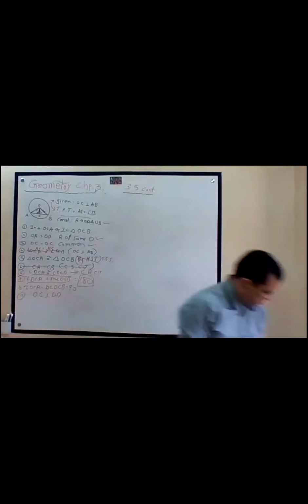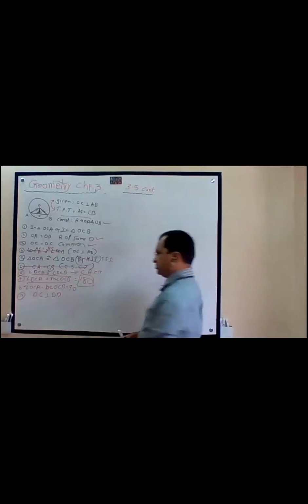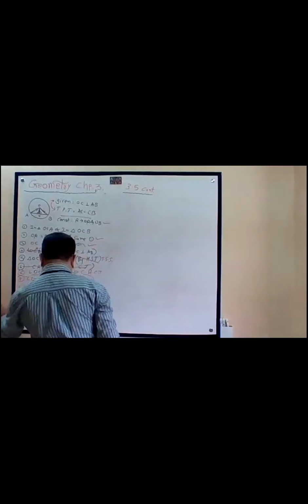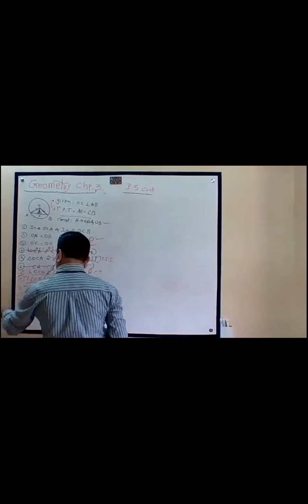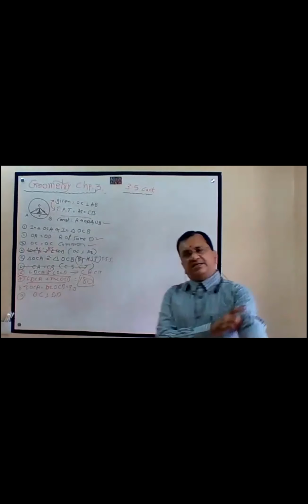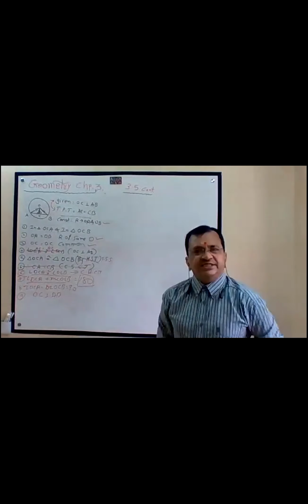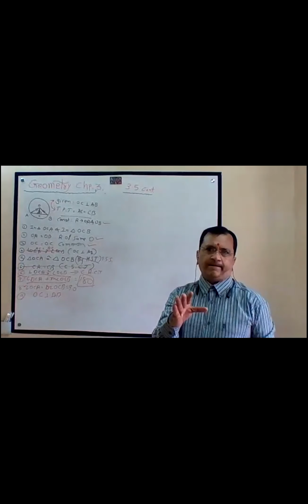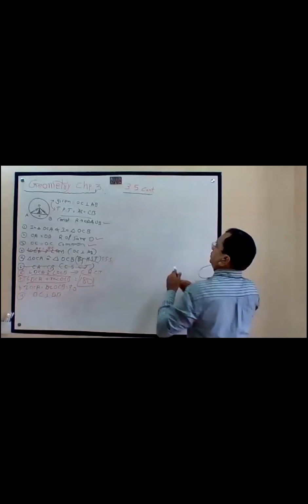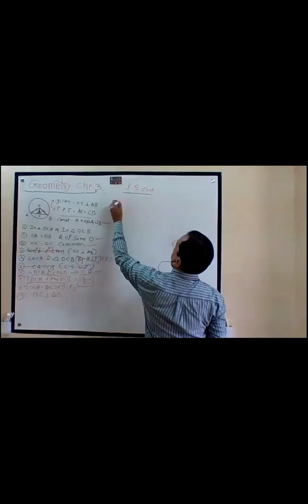Now next, the best theorem of this chapter, because as a theorem they have asked: two tangent segments drawn from outside the circle to the circle are congruent. A circle is given.